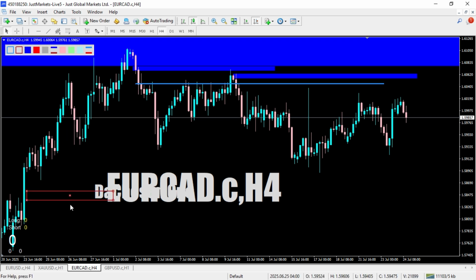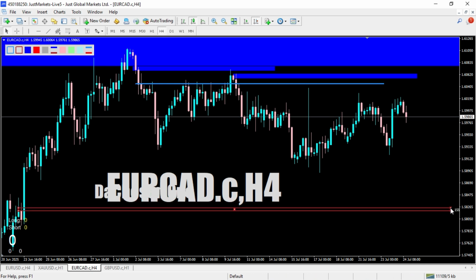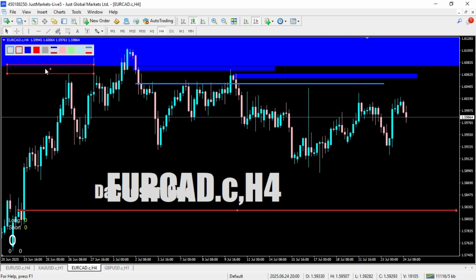Our take profit will be this area, this area, and this area over here. Those two areas, and our stop loss will be this area.